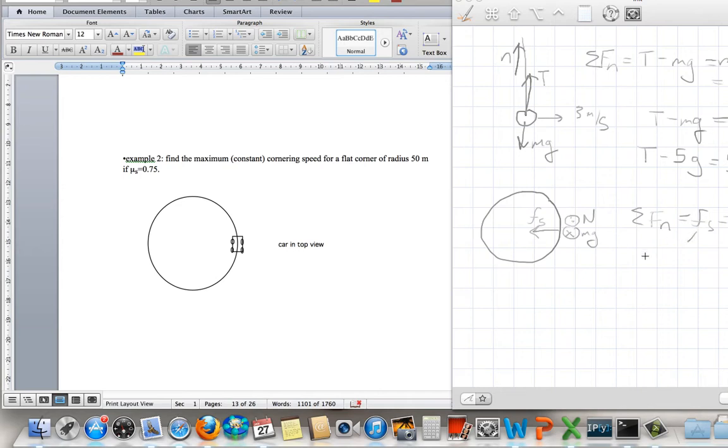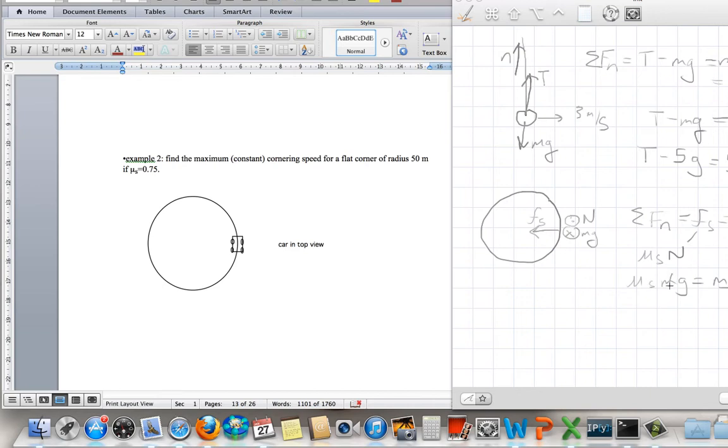Static friction is mu s n, and then n in this case is the same as the weight. So mu s mg equals m v squared over rho, but of course we're moving in a circle, so the radius is the same as the radius of curvature.